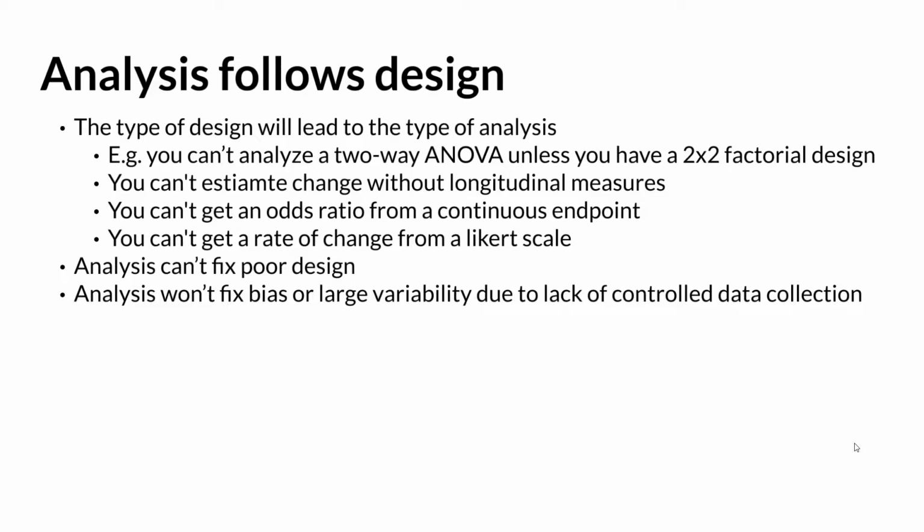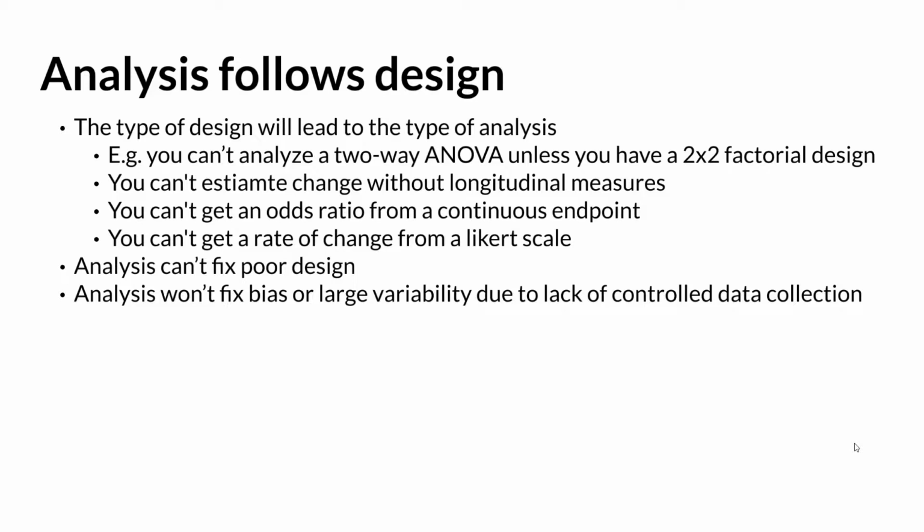So if I don't have active A, active B, placebo A, and placebo B, then I can't fit placebo, placebo, active, placebo, active, active, active. That's called a two-way factorial design, and I cannot fit the whole process if I don't have all 4 groups.